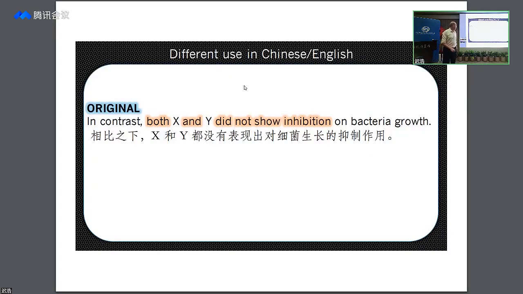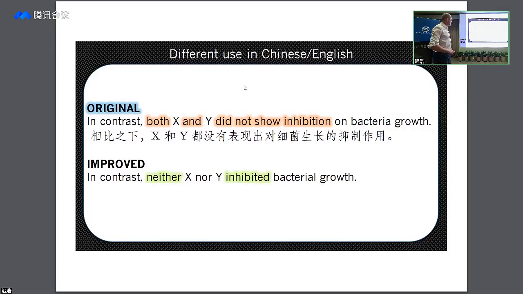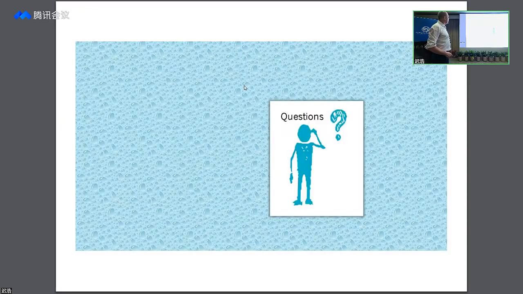You get the idea. Very good. Neither X nor Y inhibited. So please, when you translate from the Chinese, make sure that you change these negative statements into the English form. Very good. Thank you very much. Excellent. You got the idea. Any questions? This is clear.